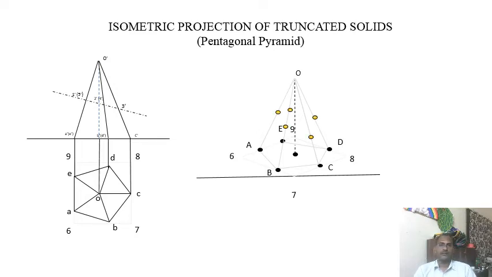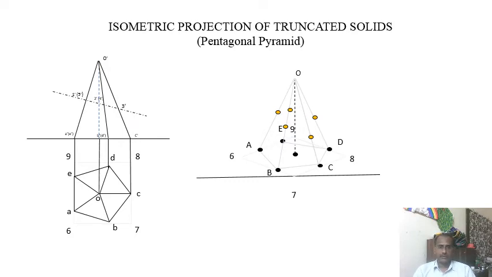And then I have to trace the cut points. Now how? Just look for these orange markings. So how have I done that? First, similar to how I transferred A, B, C, D, E, the same way I have to transfer the cut points 1, 2, 3, 4, 5.